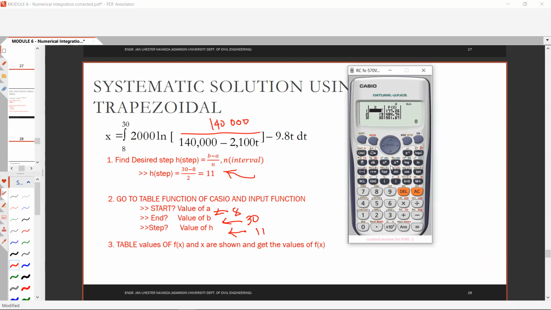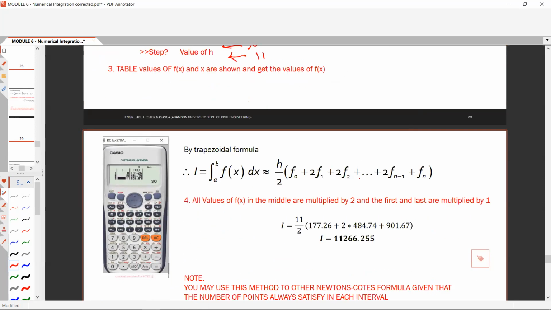Okay? So yan, nag-tabulate siya ng values or ng result. We have yung f of x and we have your x. So if x is equals to 8, the value of f of x is 177.266. When x is equals to 19, the value is 484.74. And when x equals to 30, the value is 901.674. Okay.